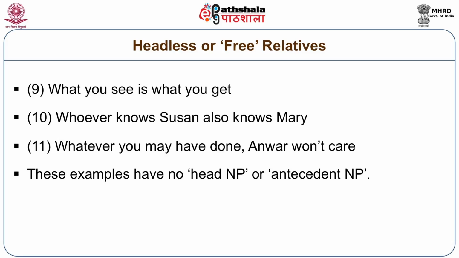You have relatives that don't have an antecedent, such as what you see is what you get, such as whoever knows Susan also knows Mary, such as whatever you may have done, Anwar won't care. In all these constructions, there is, as you can see, a relative word, but it has no antecedent.